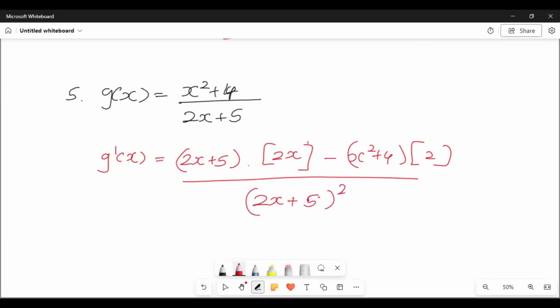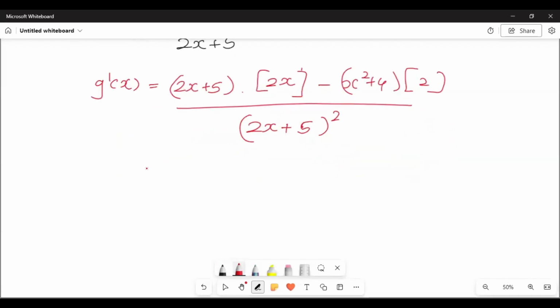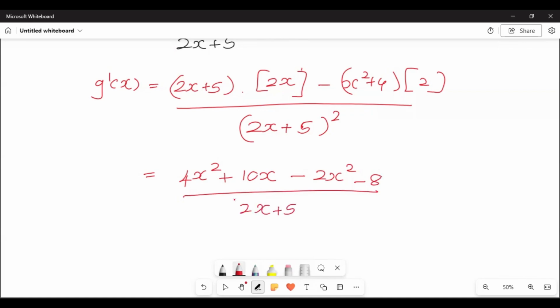Here also, if you want, you can write like this, but if not, you can keep it like this. But I think in this scenario, maybe you can write it. Okay, so 2x times 2x is going to be 4 times x to the power of 2 plus 10x, minus 2 times x to the power of 2 minus 8, over 2x plus 5 to the power of 2.